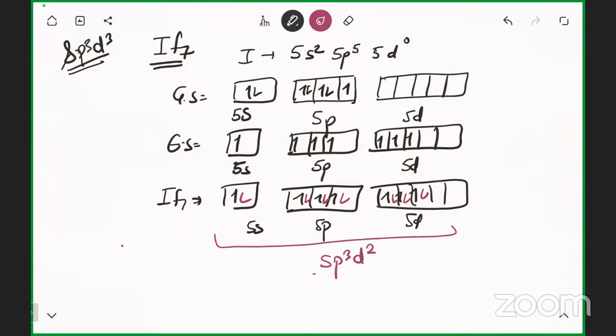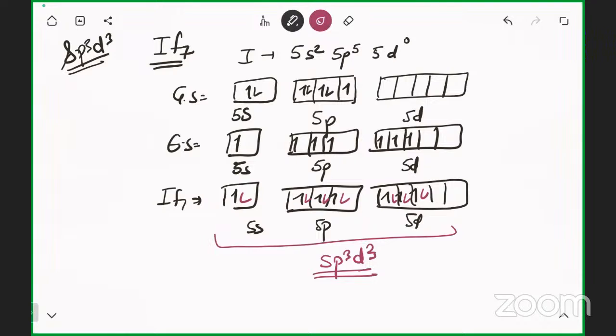So 1s, 3p, 2d, sp3d3. Now I'm talking about the shape, or geometry you can say. The shape is pentagonal bipyramidal. So we have to make a pentagon in the middle and then two pyramids.